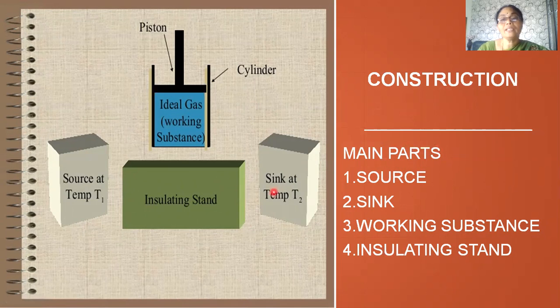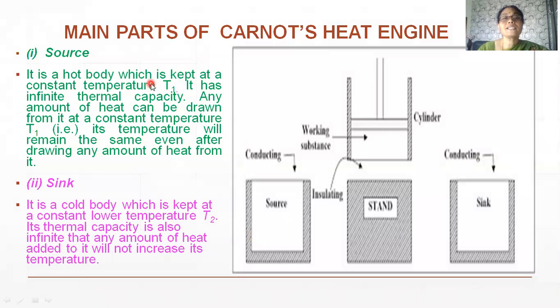In the heat engine, we have seen the three important parts: source, sink and working substance. Now in this ideal heat engine, insulating stand is another important part. Now let's discuss the main parts of the Carnot's ideal heat engine individually.